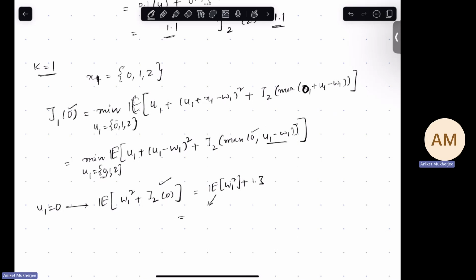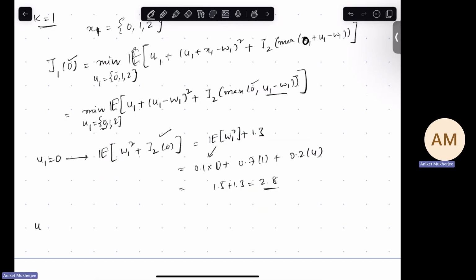And expectation of w1 square is 0.1 into 0 plus 0.7 into 1 plus 0.2 into 4, so basically 1.5, plus 1.3, which is 2.8.